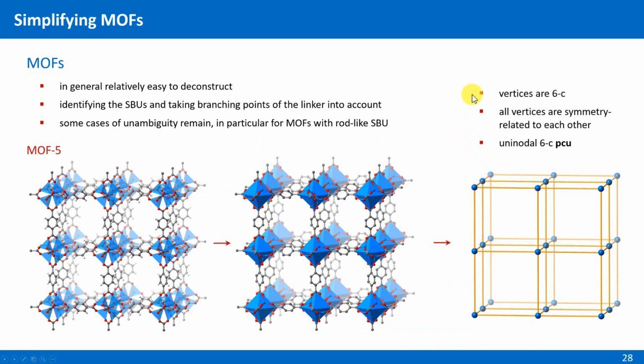Octahedral 6-coordinating nodes bridged by edges. All nodes are symmetry related to each other, and this means that we have only one node. Hence, the net is a uninodal net. Only one type of vertex is present. And this net is known as the pcu net. Again, this is the unique three-letter code from the RCSR.